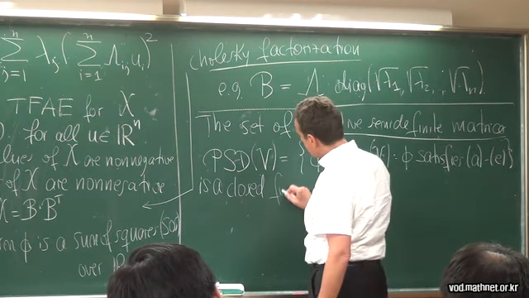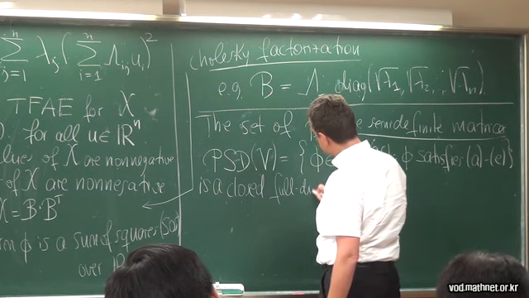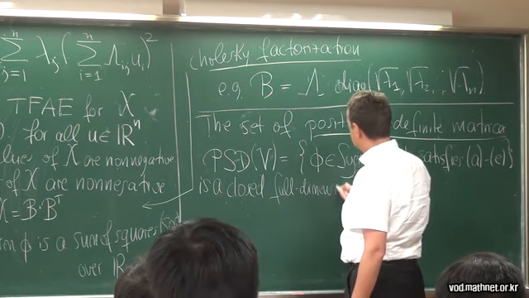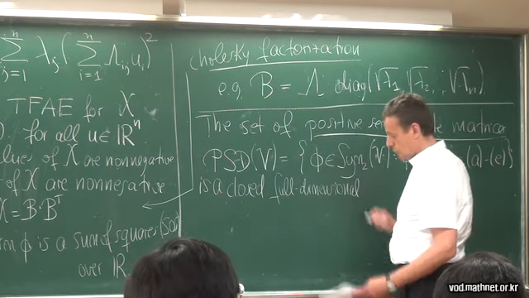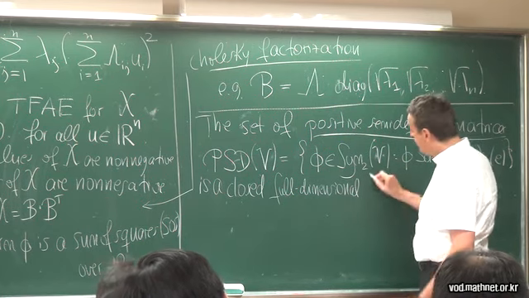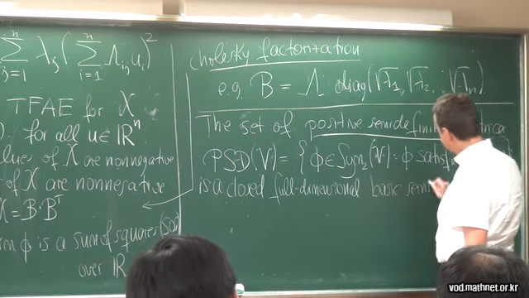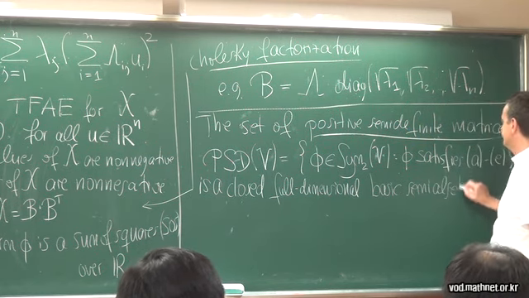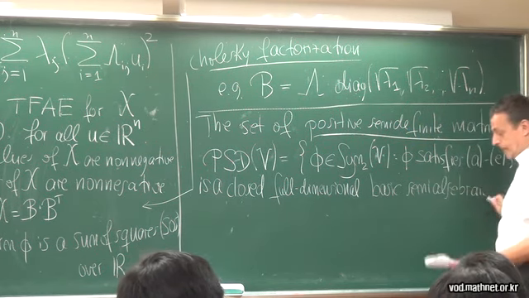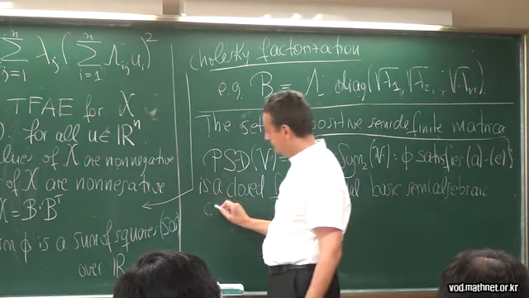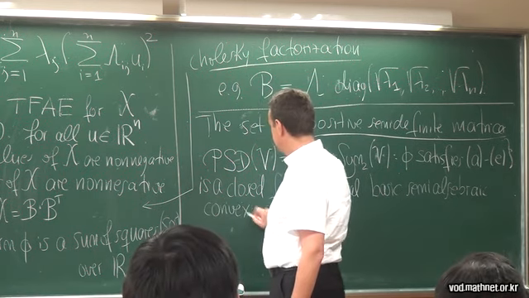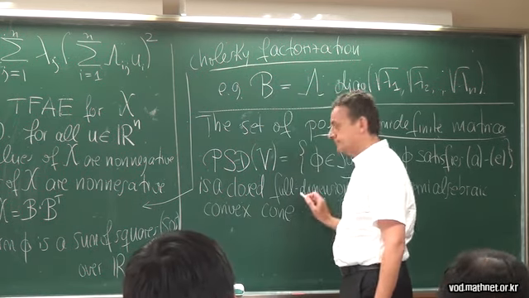It's full dimensional. It has the full dimension n plus 1 choose 2. It's basic semi-algebraic. It is convex, and it's a cone.